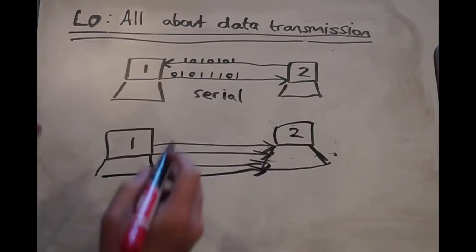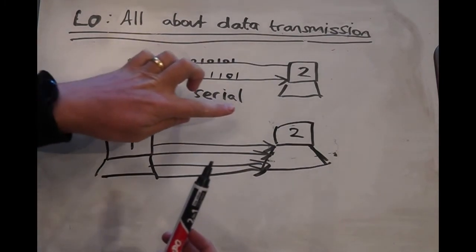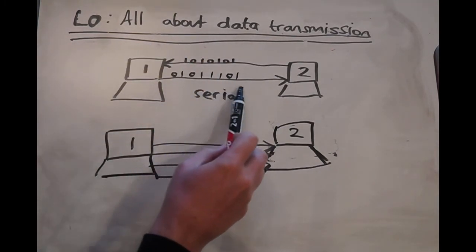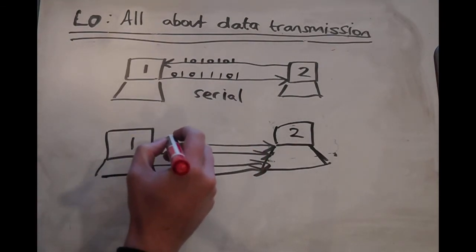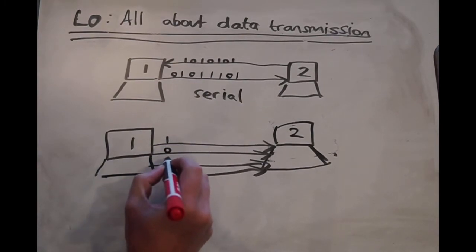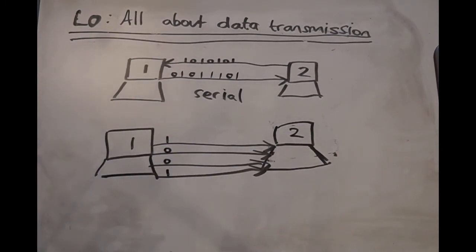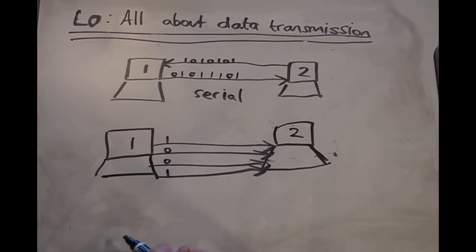Now, rather than the bits traveling one at a time along the same wire, like in our serial data transmission, I can have multiple bits traveling along different wires, all going in the same direction, like that. So now I've got these 4 bits all traveling at the same time along 4 different wires.